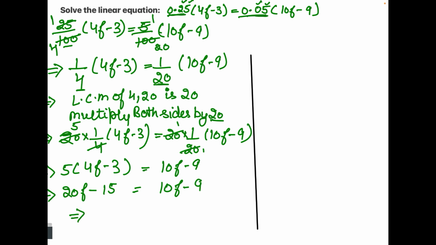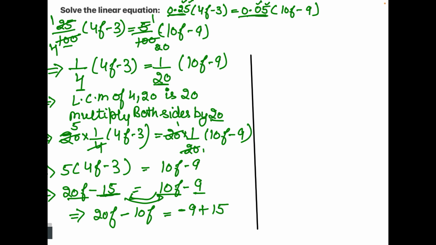Now we will bring the variables to one side and constants to the other side. So 20f minus 10f is equal to negative 9 plus 15. Why plus 15? Because here it is in negative.